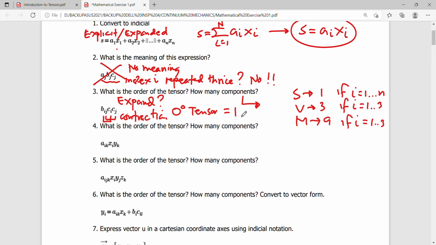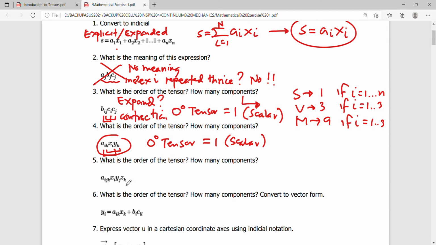So it becomes a scalar in this regard. And so it's true with this one here. We have here an i and a k, and k simply will collapse and contract, such that again this is a 0 degree order of your tensor. And this becomes again one component, which is a scalar.